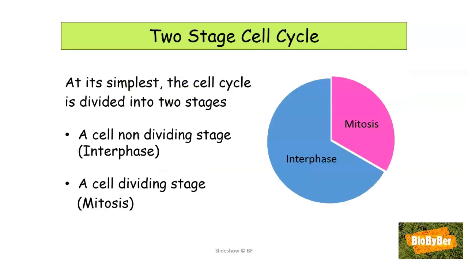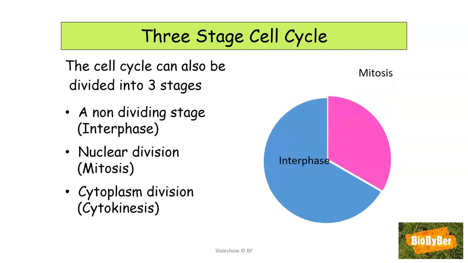At its simplest level, the cell cycle can be thought of as being divided into two stages. There is a cell non-dividing stage known as interphase, and there is a cell dividing stage known as mitosis. Now, when we look at this in a little bit more detail, it can be argued that the cell cycle can be divided into three stages.